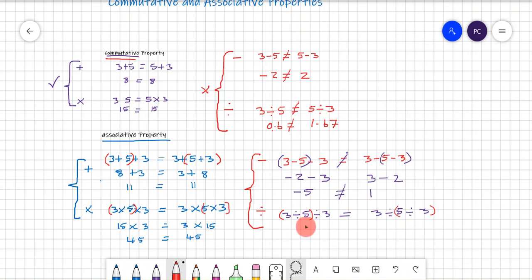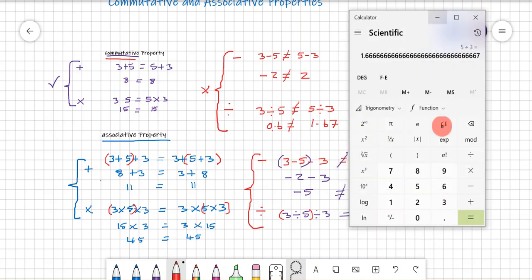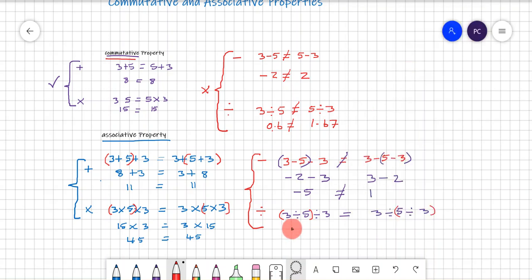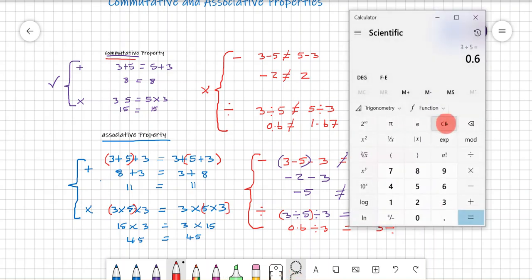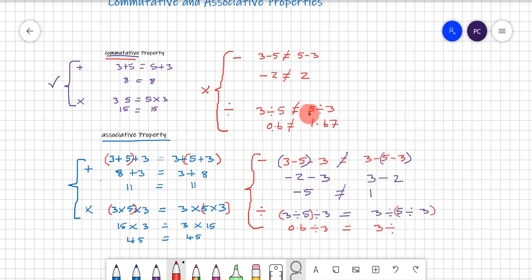So if I take, for example, 3 divided by 5, let me just clear this, so 3 divided by 5, that's equal to 0.6, so that's going to be 0.6 divided by 3, and then we're going to have here, so 3 divided by 5 divided by 3, so 5 divided by 3 is equal to, let's say, 1.6, so 1.67. So we can see that these are not going to be equal to each other.